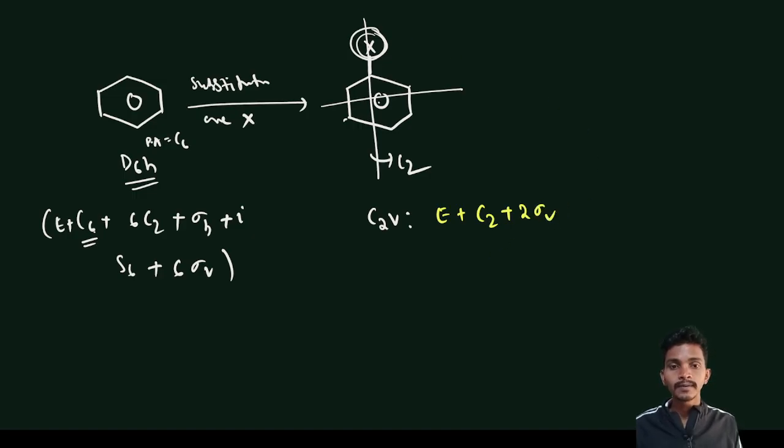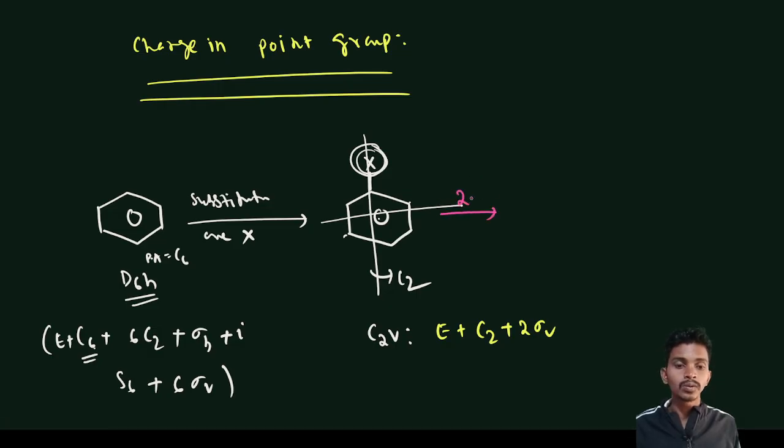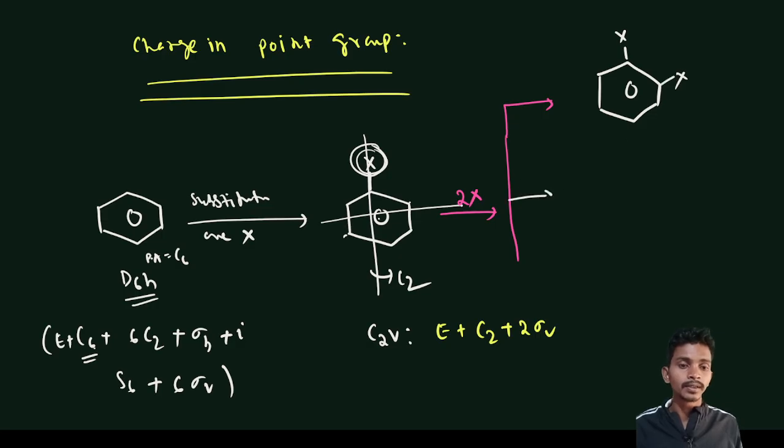Okay, now if I substitute two halogens, then what will happen? I'll draw the picture. So let's say one X is here and another X I place here.